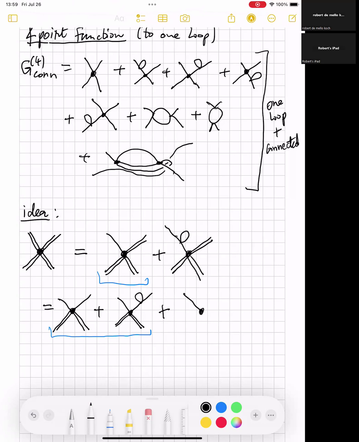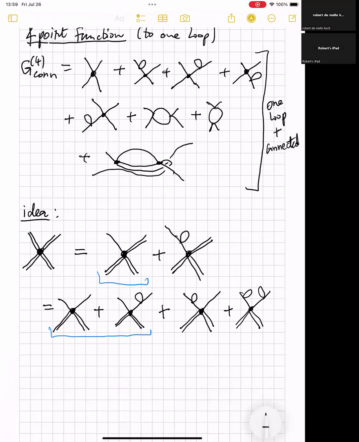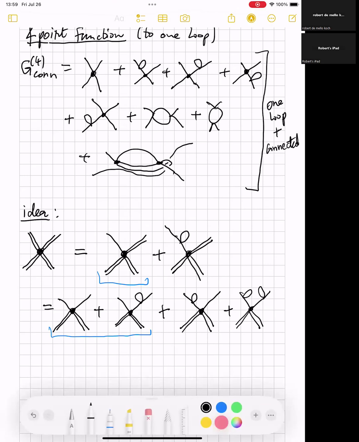So we'll have this. And we will have this. Now, we said that we are working to one loop, okay? This diagram becomes the sum of those two.